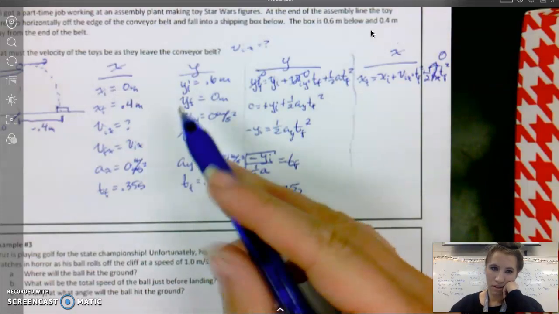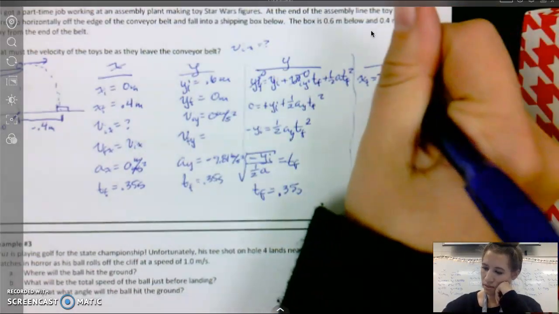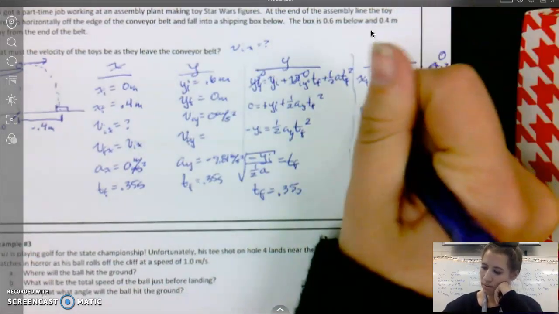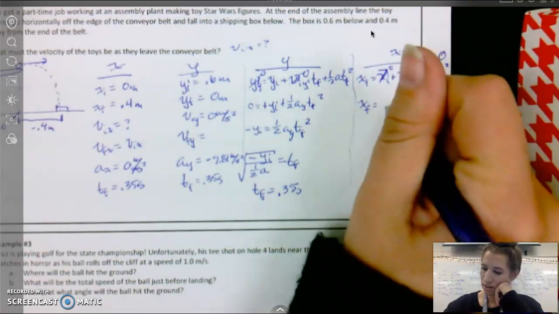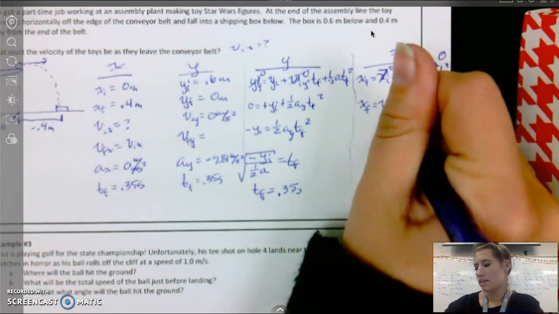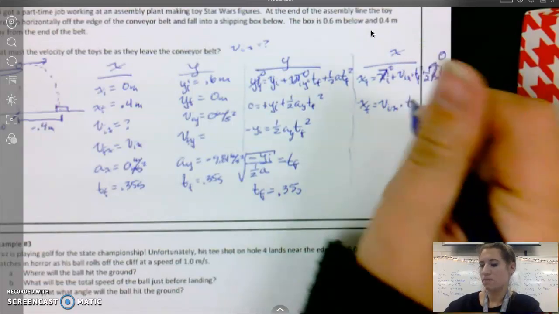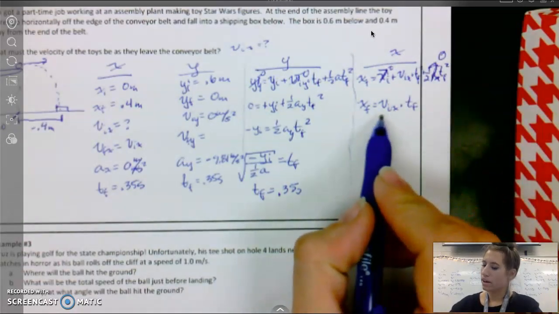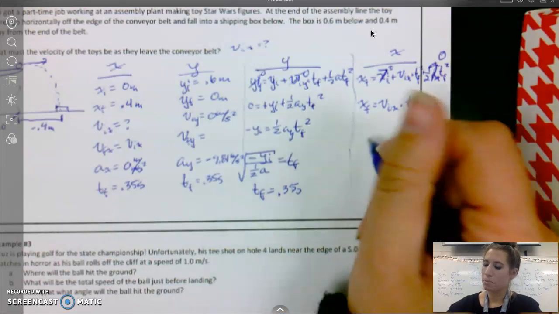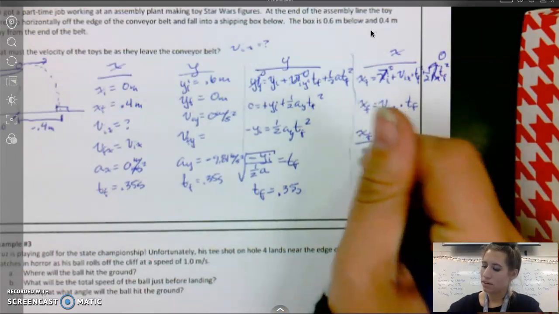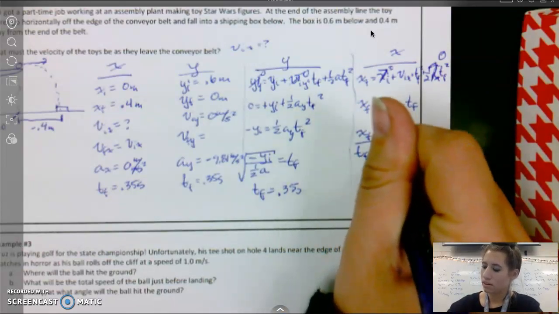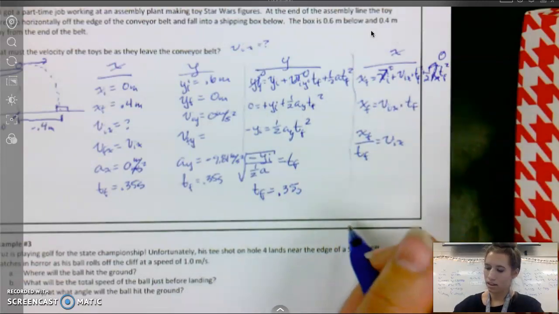And x initial is 0. So that would mean x final is equal to velocity initial in the x multiplied by time final. And I'm solving for that initial velocity, so I'll divide by time. So x final divided by time final will equal velocity initial in the x direction.